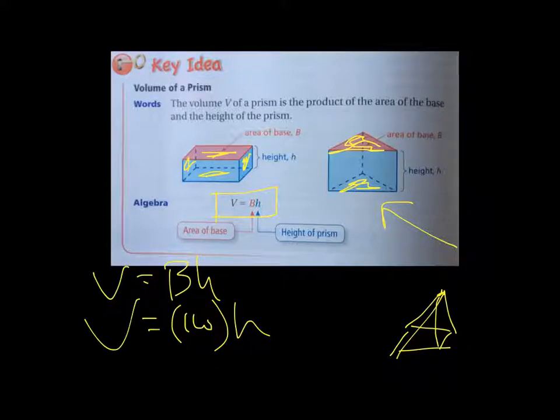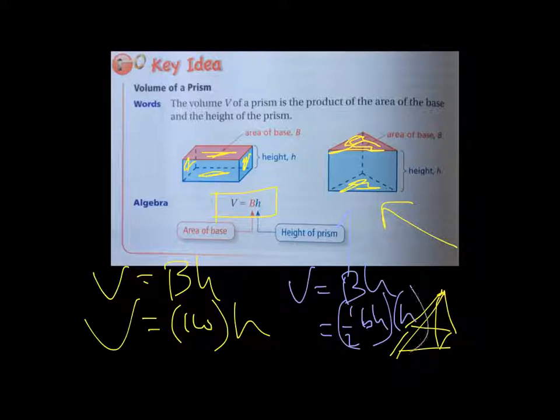How about over here? If I want to find the volume of a triangular prism, volume equals big B times height. Well, what's the formula for the area of a triangle? 1/2 base times height, then times the height of the prism.